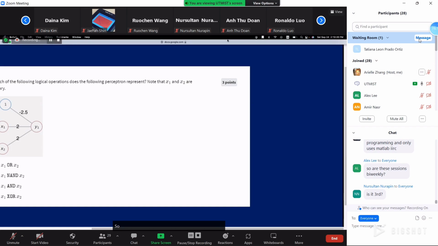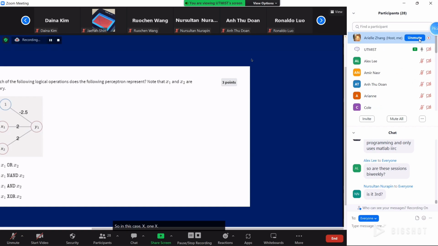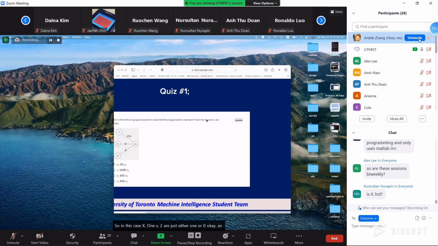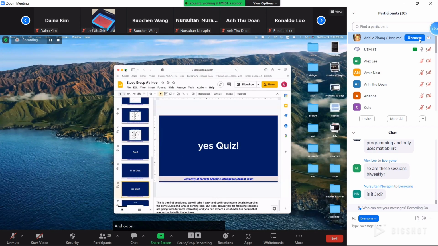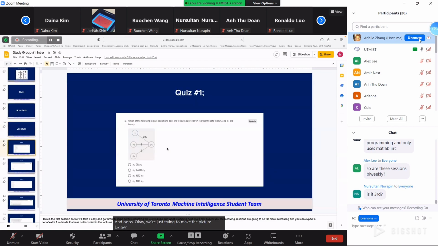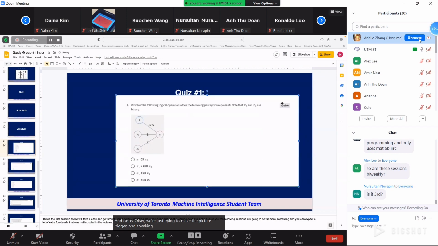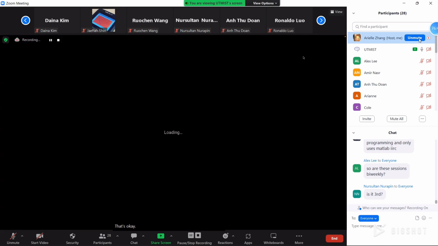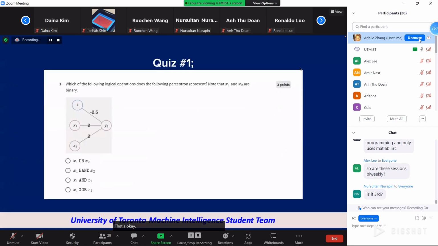So in this case, x1 and x2 are just either 1 or 0. Think of OR as a plus operation.